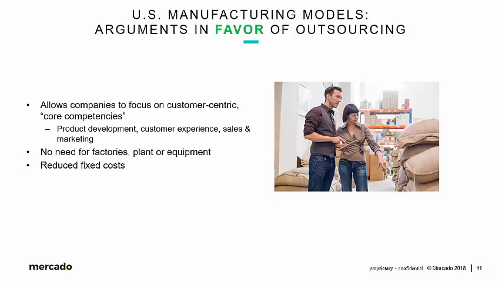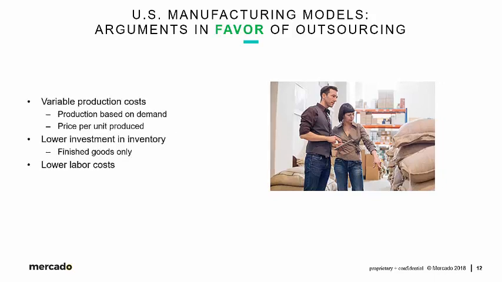Outsourcing reduces fixed costs, turns the cost environment into a variable cost, meaning that we as the importer who is buying product overseas, we're only paying for what we buy. We buy 10 units, we pay for 10 units. We buy 1 million units, we pay for 1 million units. There are no fixed costs associated with that. It's a variable cost.